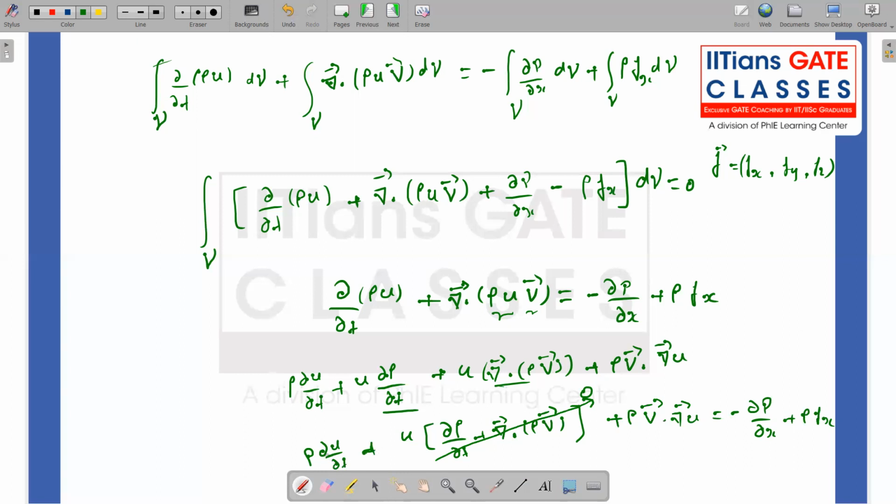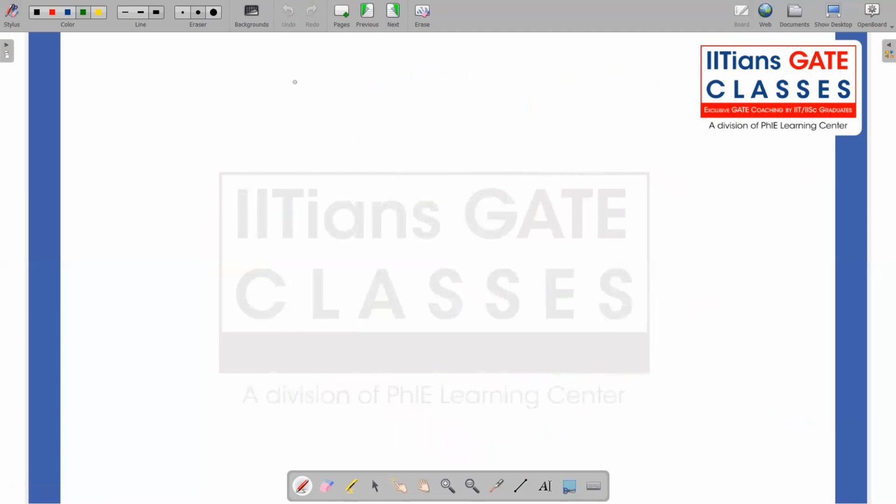So we are left with rho dou u by dou t, rho v dotted with the gradient of the velocity component in the x direction, and dou p by dou x, rho fx. If I write those terms together, that is rho dou u by dou t plus rho v dotted with the gradient of velocity in the x direction minus dou p by dou x plus rho fx.